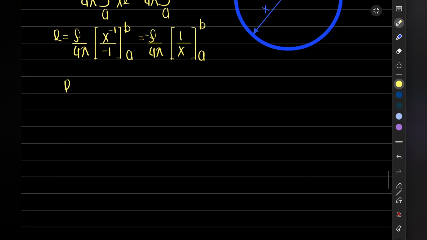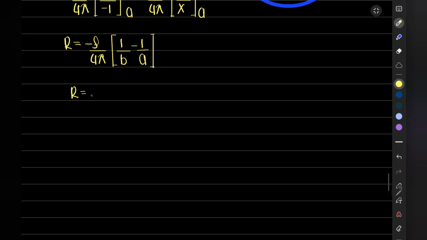So the final value of resistance will be minus rho upon 4 pi times 1 by b minus 1 by a, and at last after sending this minus sign inside, R will be equal to rho upon 4 pi times 1 upon a minus 1 upon b.